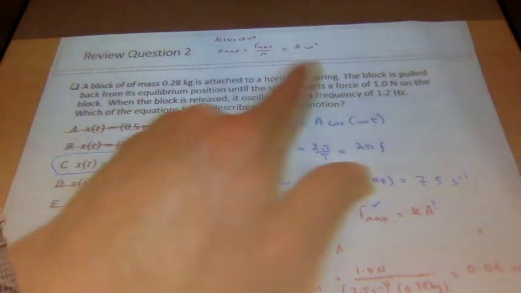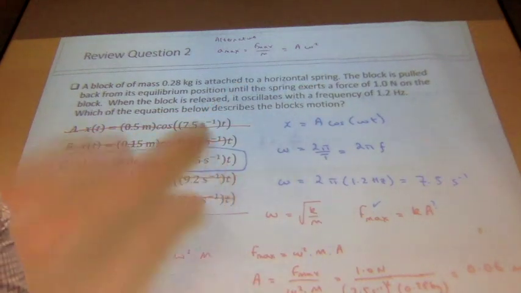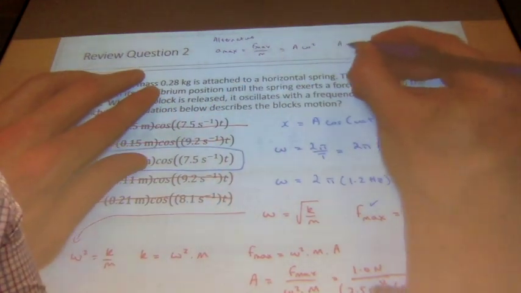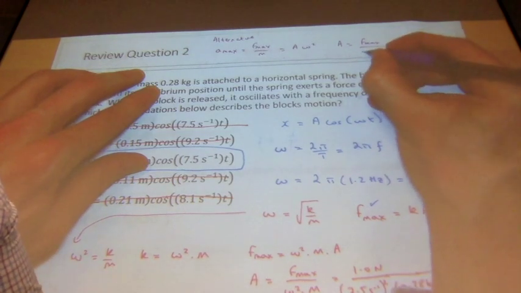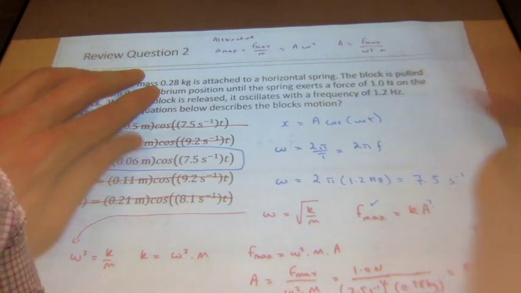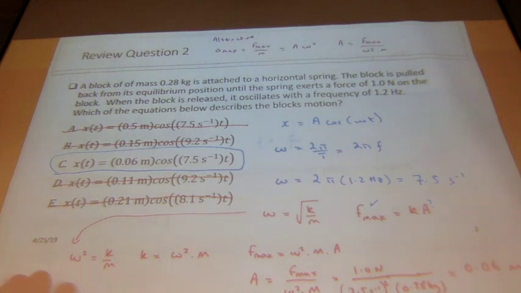So we can just see that we end up with the same equation, so that A will be equal to F max over omega squared times M. Yeah, probably easier. Both are fine. Other questions?